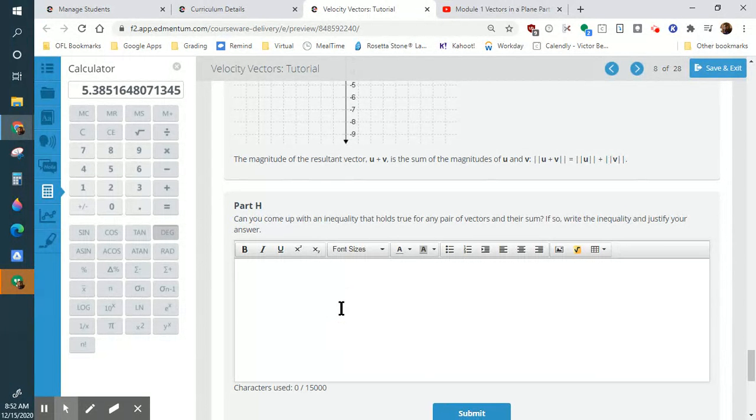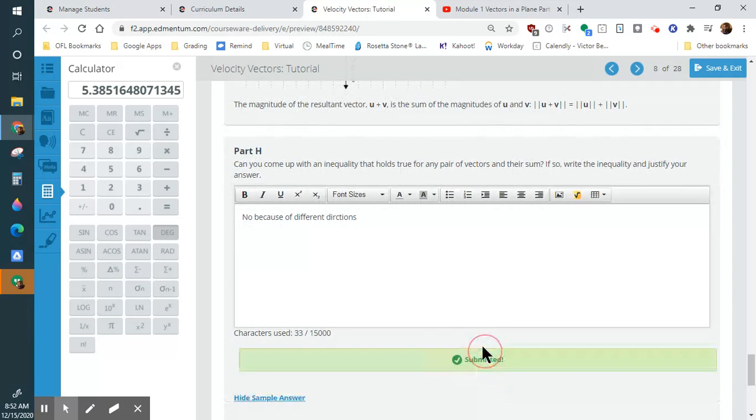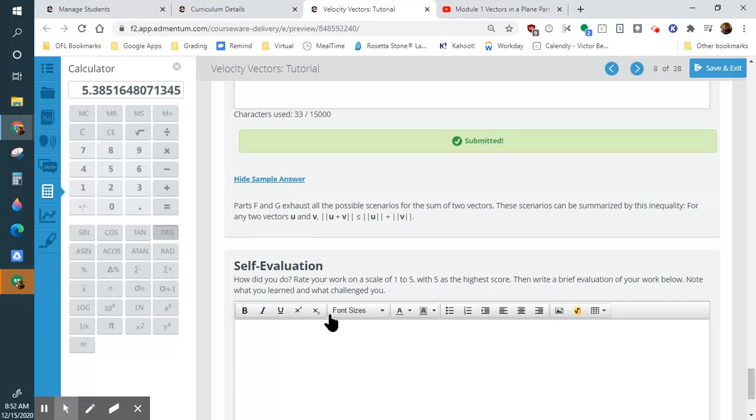Could you come up with an inequality that holds true for any pair of vectors? I would say no, because of different directions. I guess it's saying it's always going to be smaller.